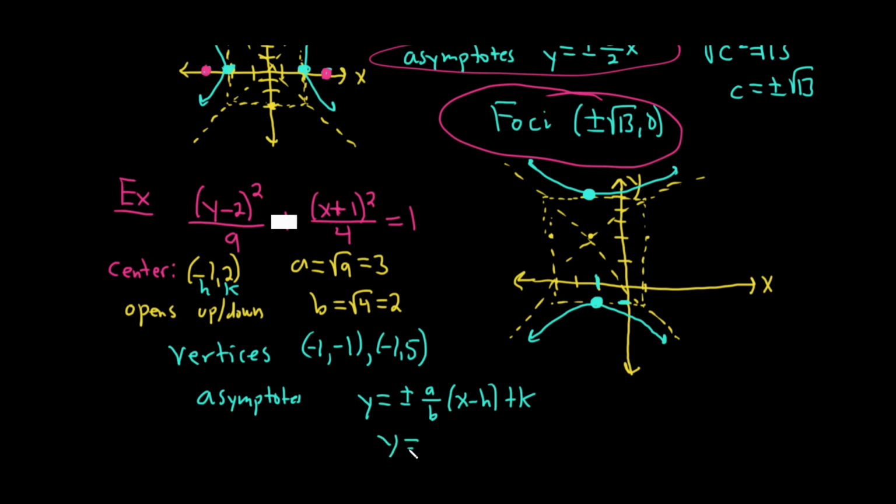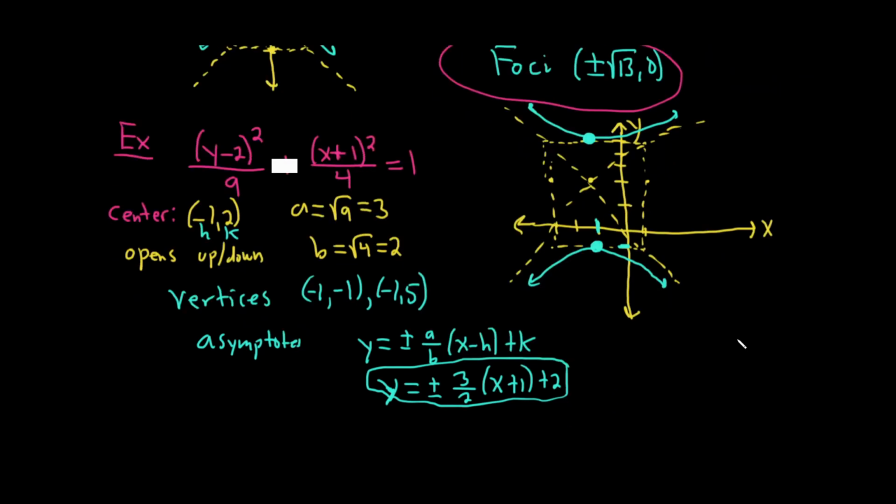So this is y equals plus or minus, a is 3 and b is 2, and then x minus h, but h is -1, so it's plus 1, and then plus 2, that's your k. I'm going to leave it like this. I'm not going to simplify it. If you're doing this for a class, I don't really know what's expected. Typically I prefer it not simplified, that way I don't have to do it.